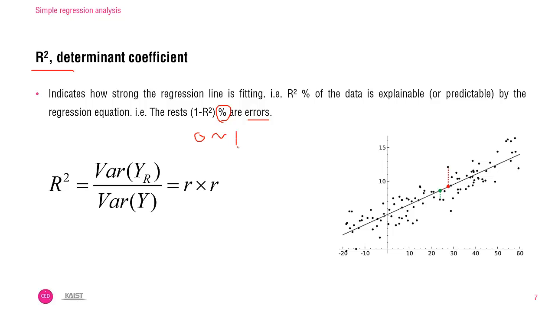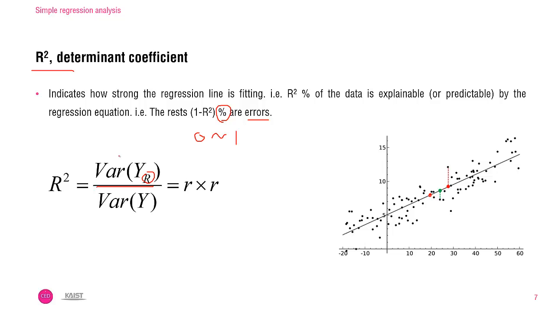The R square is the ratio of variance of y values on the regression line. So perhaps somewhere here can be the mean y.